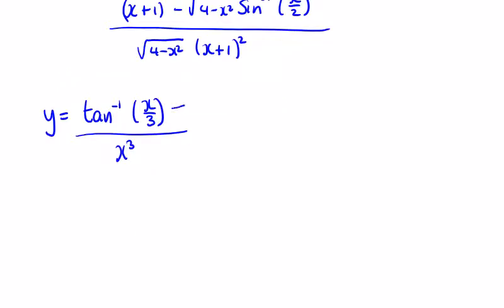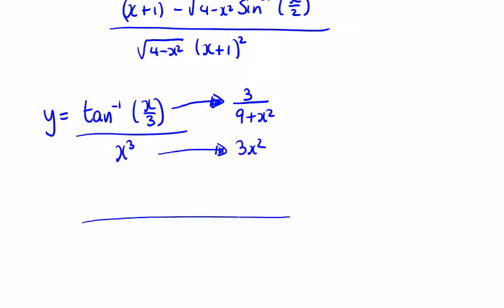So this is the final one. The inverse tan of x over 3 differentiates to be 3 over a squared plus x squared. So 3 squared, I'll just change it to 9. 9 plus x squared. And the bottom differentiates to be 3x squared. So our rules, the bottom to be squared, x cubed to be squared, which is x to the power of 6.